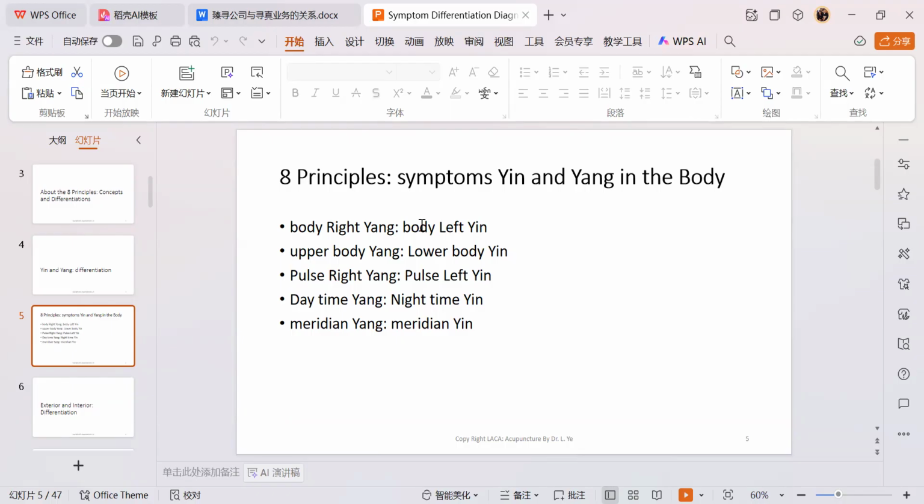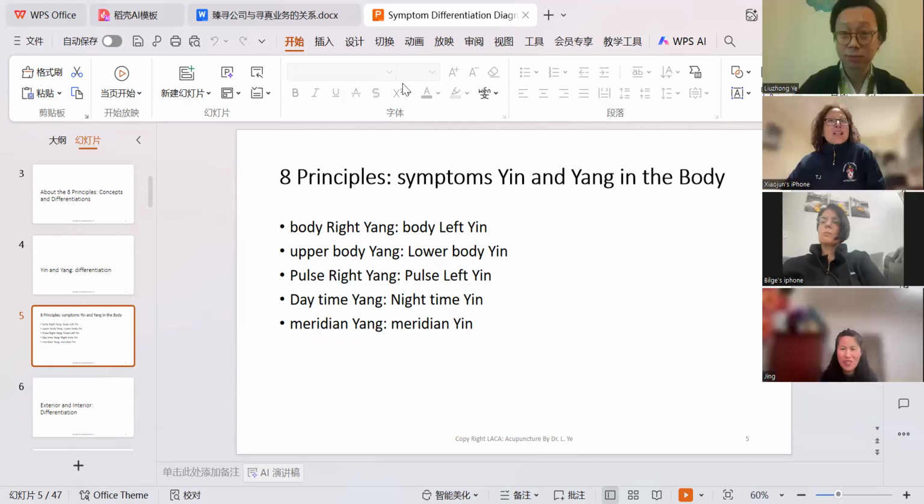For example, if you have the flu, then you start to get more pronounced blockages on your left side, on the nose. What does that mean? You can answer me if you want. Anybody?